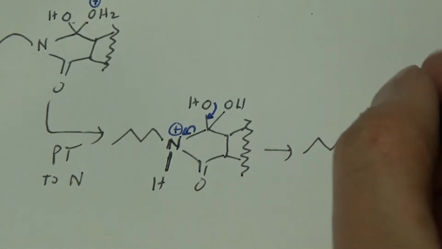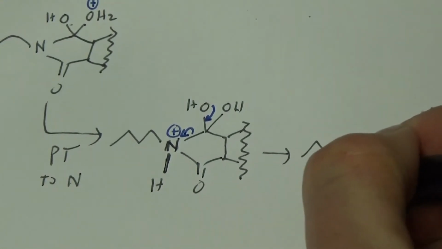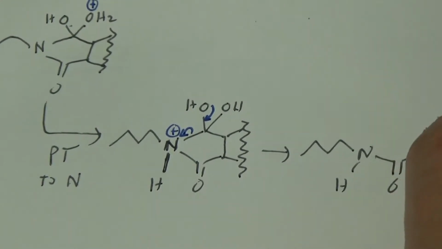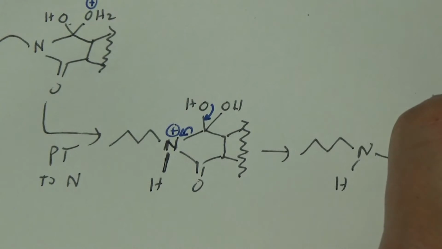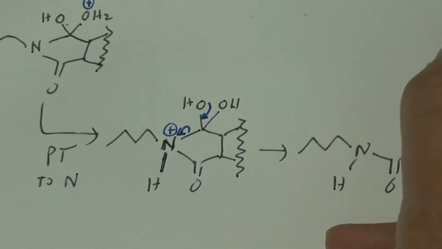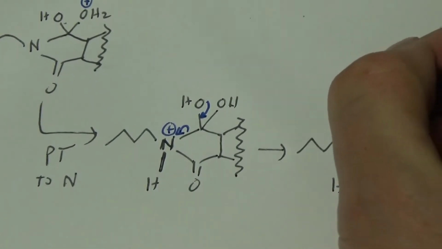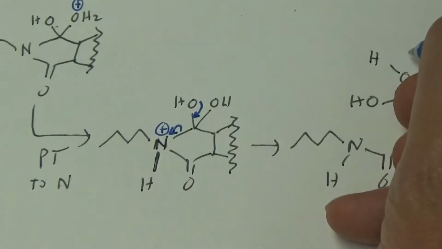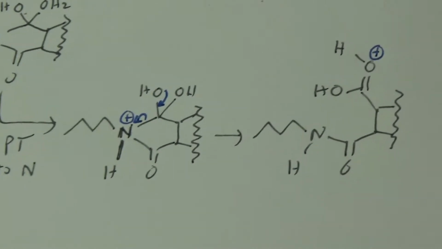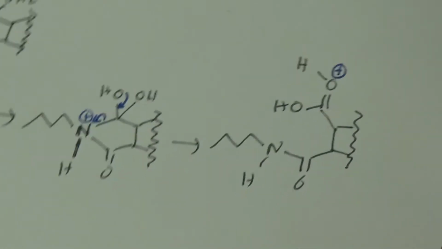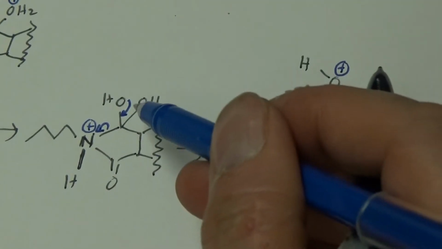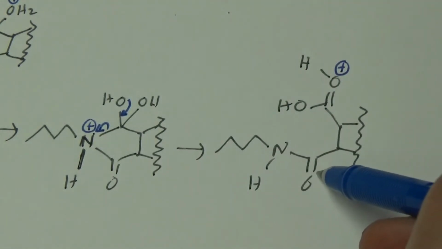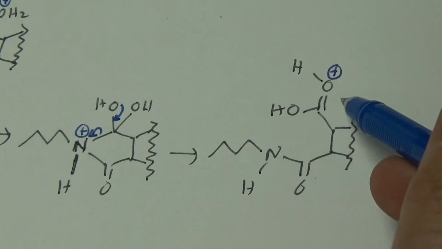So now we have, maybe here's the H. Now we got that, right? Because one oxygen kicked down, nitrogen kicked off. Still all attached through the bottom amide. So we have a top carboxylic acid.